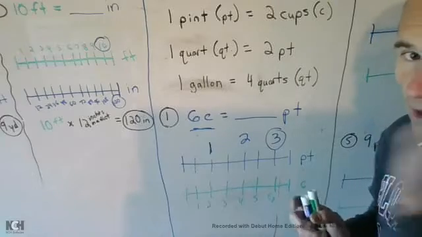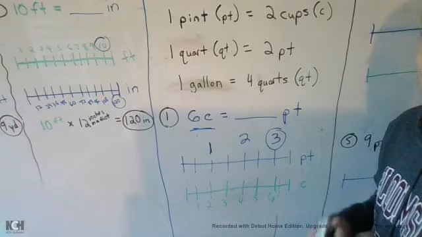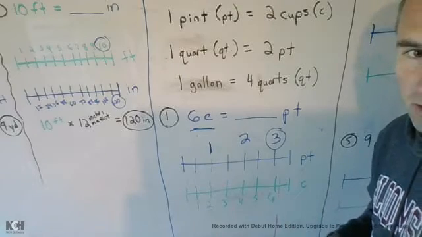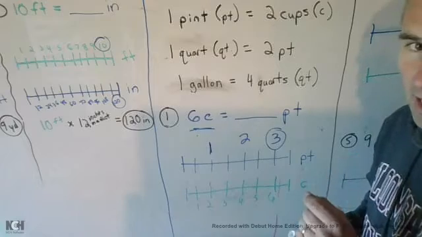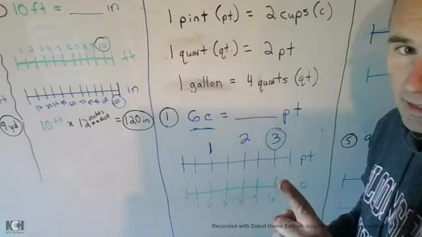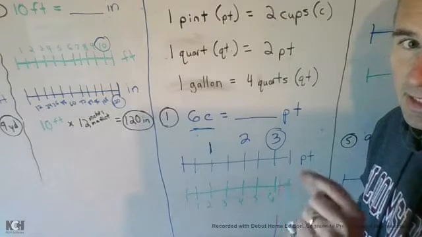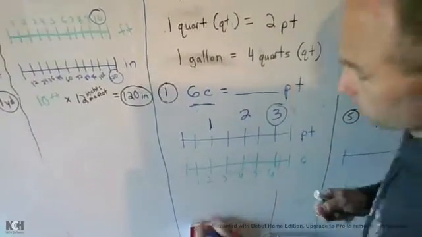Now, what if you don't want to make a double number line? What expression would you make here? You would say 6 divided by 2. 2 cups per pint gives you 3 pints. So here's what it looks like here.